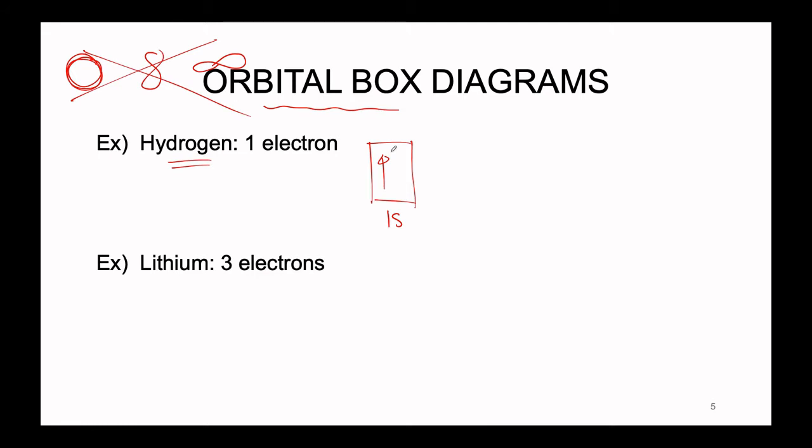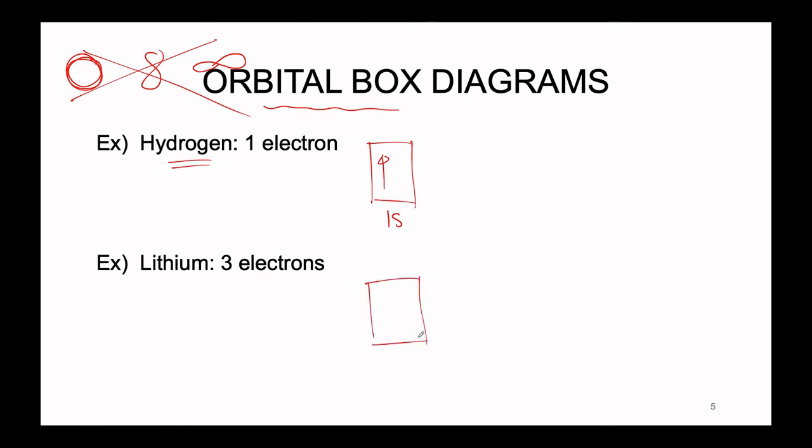All right, now this is the orbital box diagram for hydrogen. It is the simplest case of all of the electron configurations in terms of drawing an orbital box diagram that we could draw. So let's make it a little bit more spicy. All right, let's turn our attention to lithium. Lithium has 3 electrons, and we need to know where we are going to place these 3 electrons. Now the lithium is going to start in the same place as hydrogen.